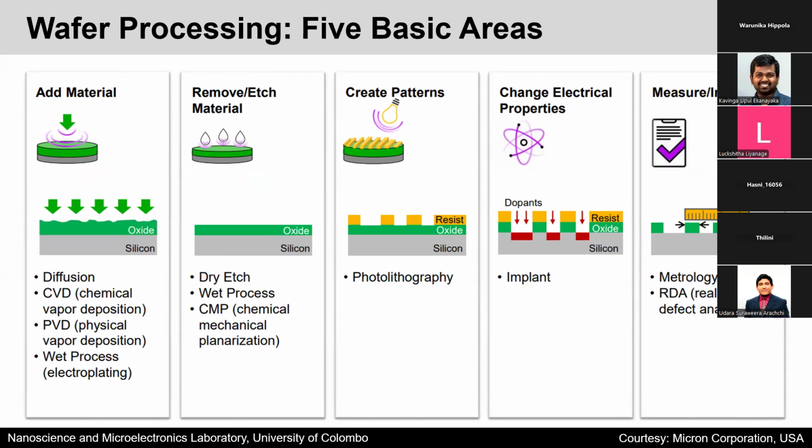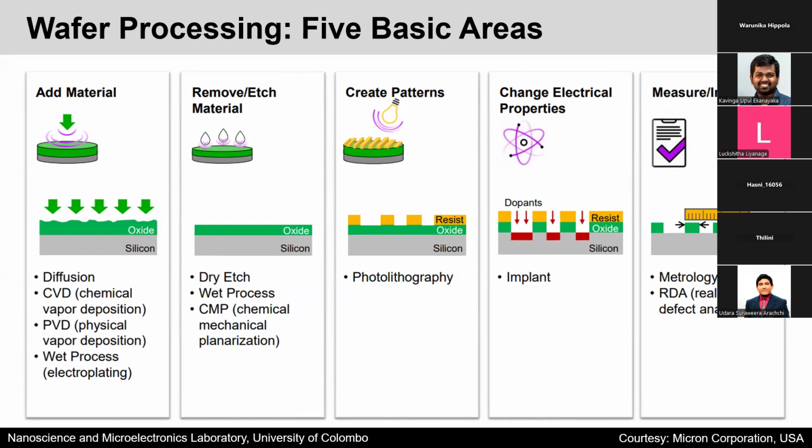So, what are the things that we can do to the silicon wafer to make sure that we make this amazing structure, the transistor, right? We can add materials by either diffusion, chemical vapor deposition, or physical vapor deposition, PVD.